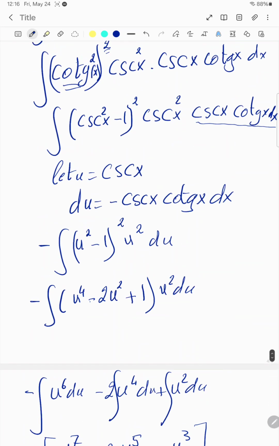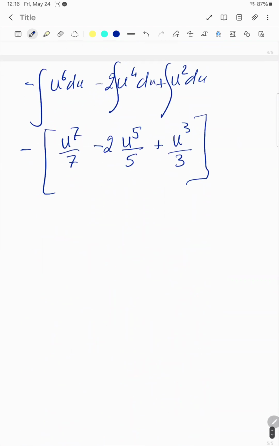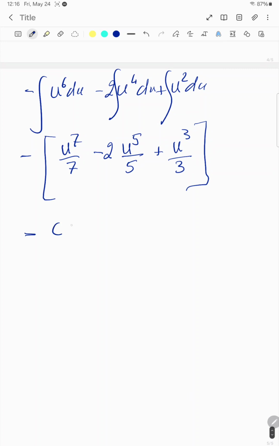And now we have to put back u to its value, which is cosec of x. So minus cosec to the power of 7 divided by 7. Minus times minus is equal to plus 2 cosec. No, let's write it the English way.